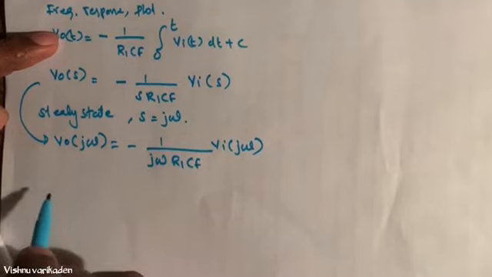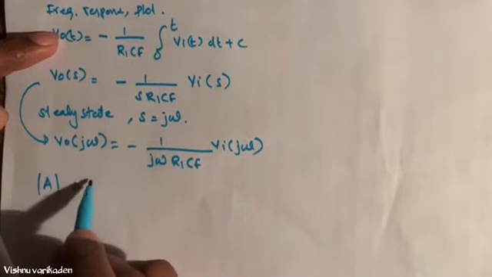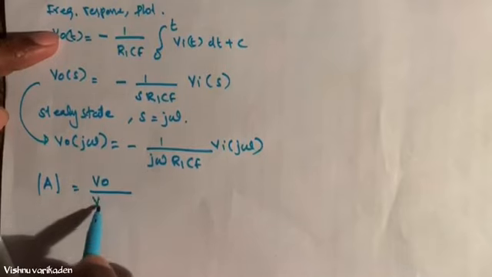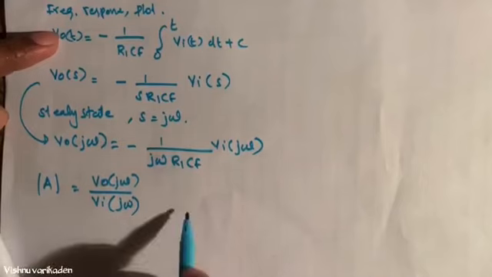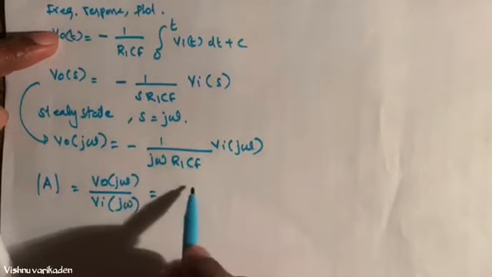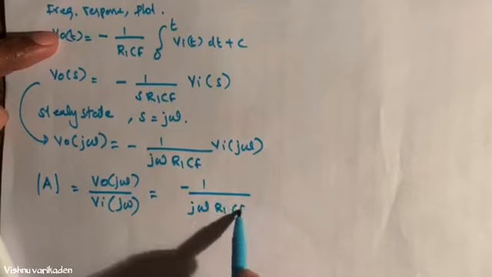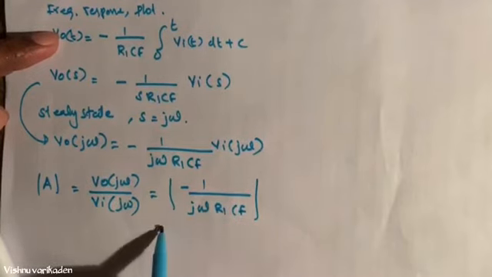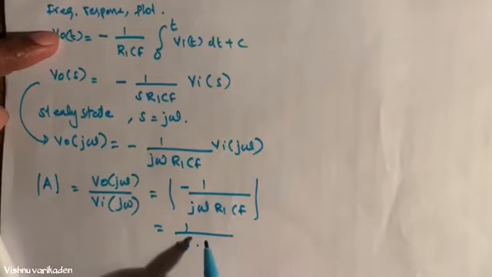The gain is V out by V in, which is equal to minus 1 by j omega R1 CF. In magnitude, this is 1 by omega R1 CF, since the mod of j is 1.